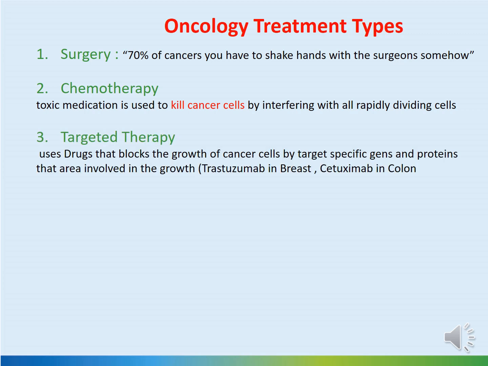Here we have targeted therapy. Actually, targeted therapy is not chemotherapy. It is drugs used to block the growth of cancer cells by targeting specific genes and proteins that are involved in the growth. So this type of drug will not go and kill the cancer.